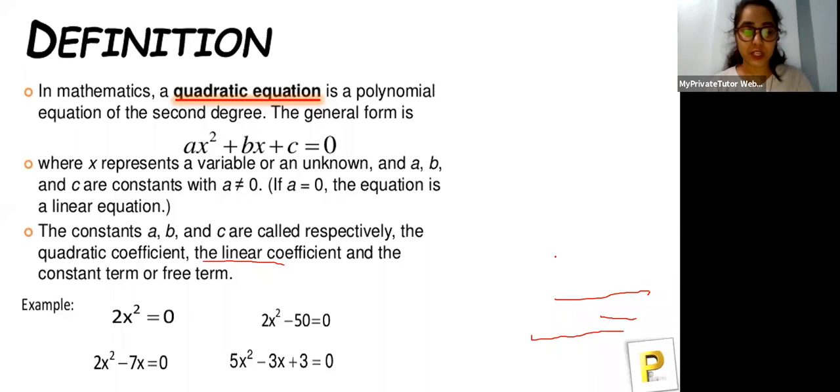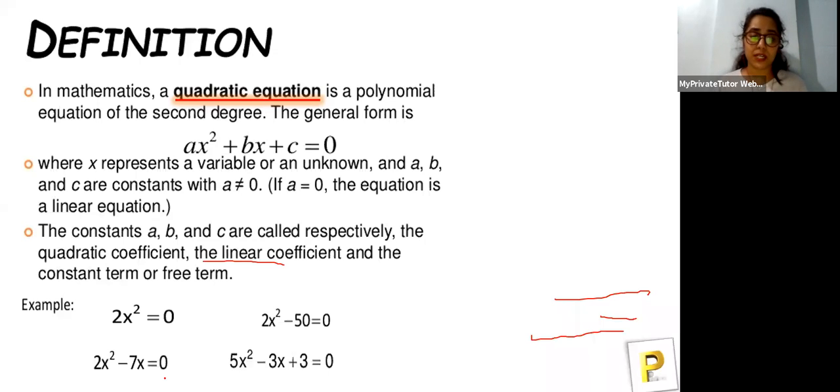Okay, let's check the rest of the examples. You can see 2x square minus 7x is equal to 0. So you don't have C in this part, but you have ax square plus bx. It has an equal to sign, so it is an algebraic equation. It has one variable and the highest power is 2, so it is a quadratic equation. 2x square minus 50 is equal to 0. Again, you don't have bx, but you have c, right?